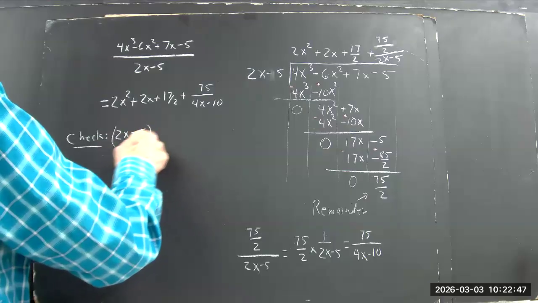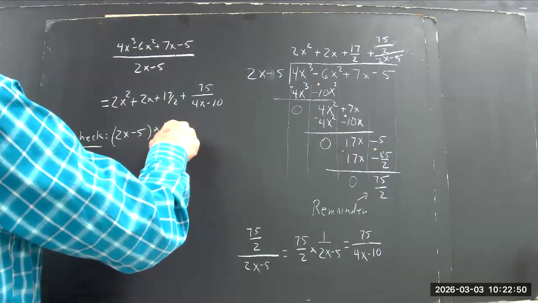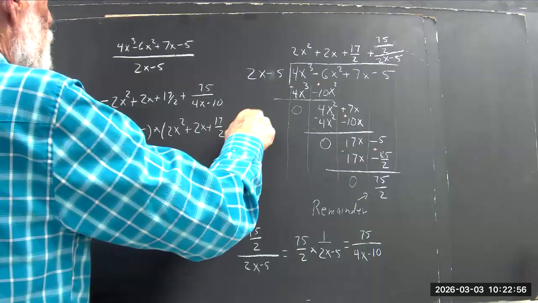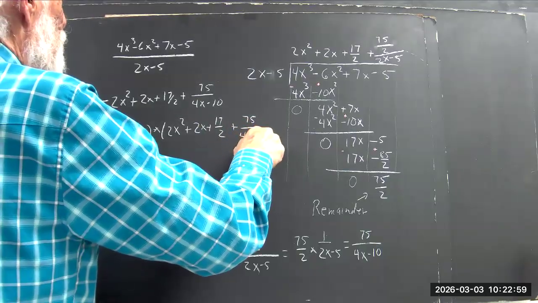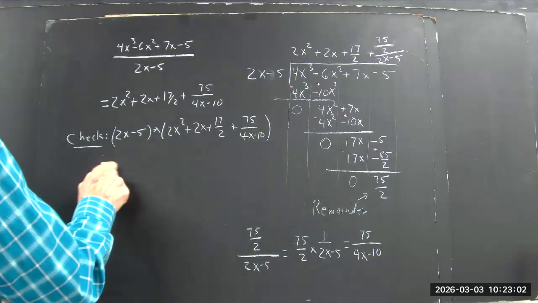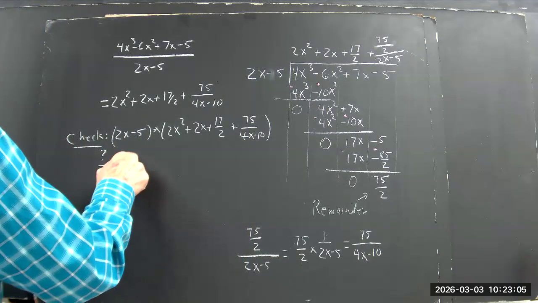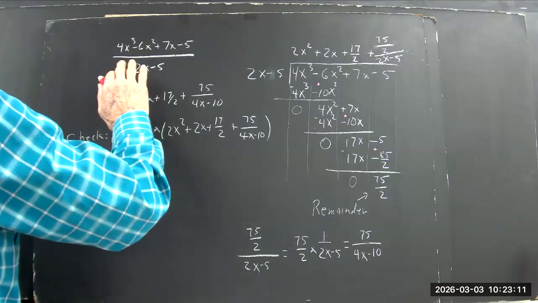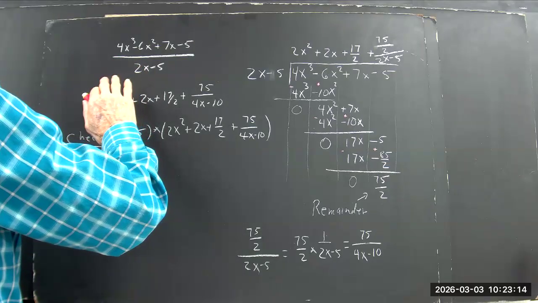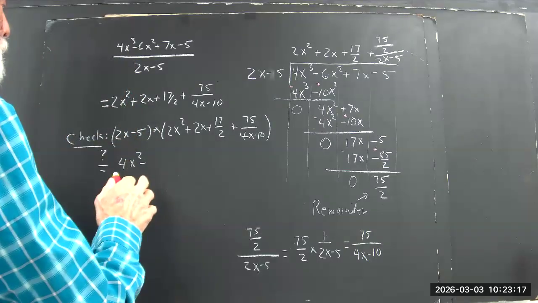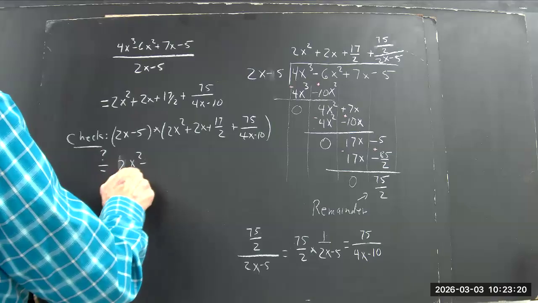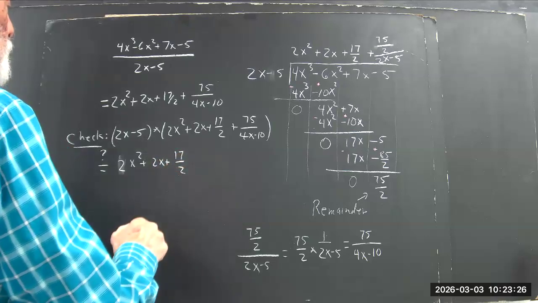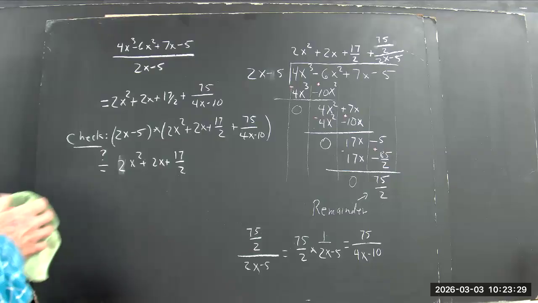Minus 5 multiplied by 2x squared plus 2x plus 17 halves plus 75 over 4x minus 10 should equal... That's not what I wrote there.